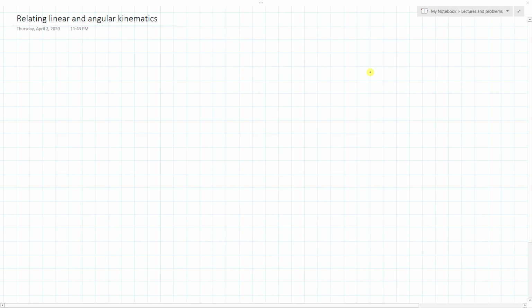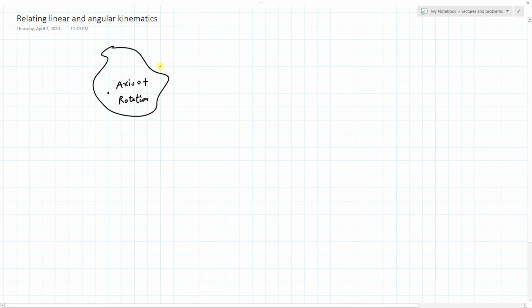Okay, so here I'll have the shape. Here's a rigid body, and it's pinned at this point, which is the axis of rotation. So it's able to rotate, but only around this axis.